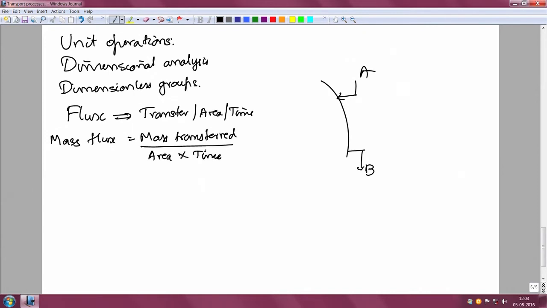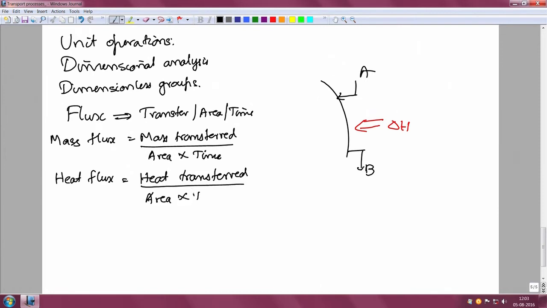Similarly, the flux of heat, in the case of heat transfer, for example, is equal to heat transferred per unit area per unit time.